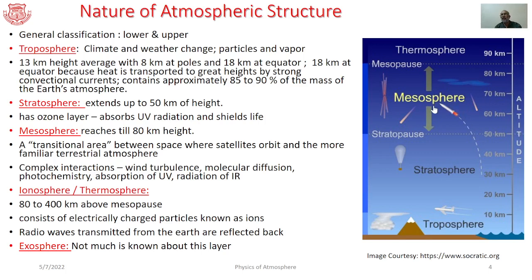This mesosphere is characterized through the occurrence of the meteors as well as the existence of space station, the traveling of the rocket, and hence this is the transitional area between the space where the satellite orbit and the more familiar terrestrial atmosphere that we know.